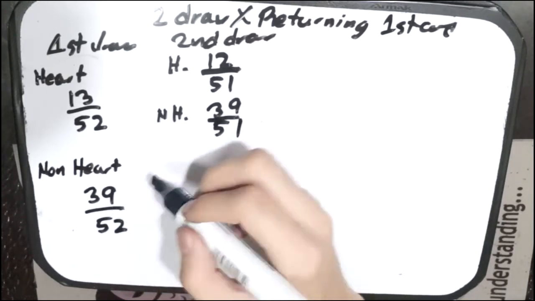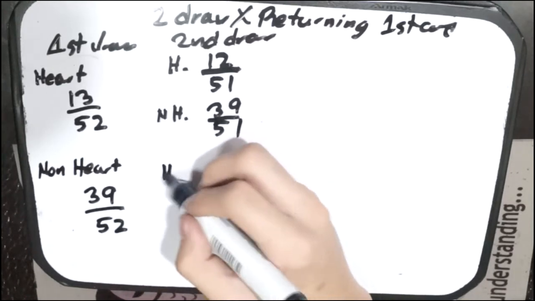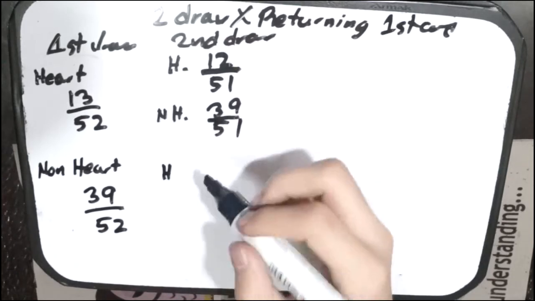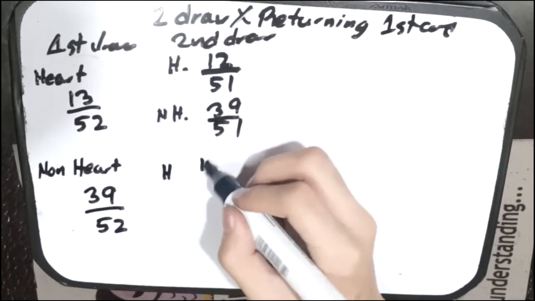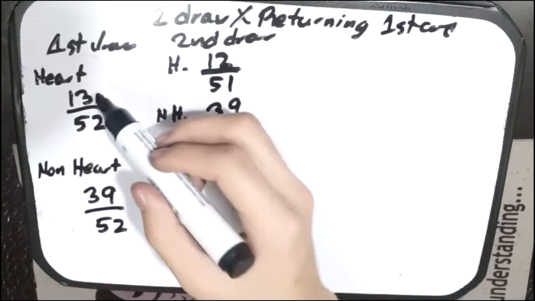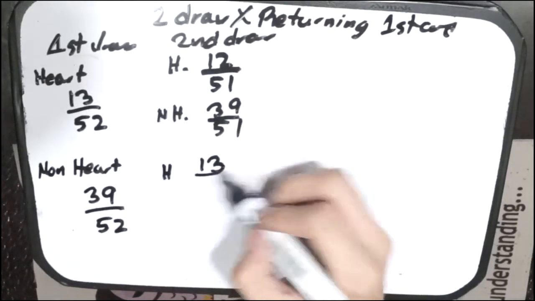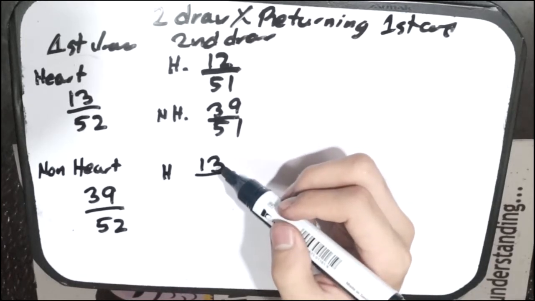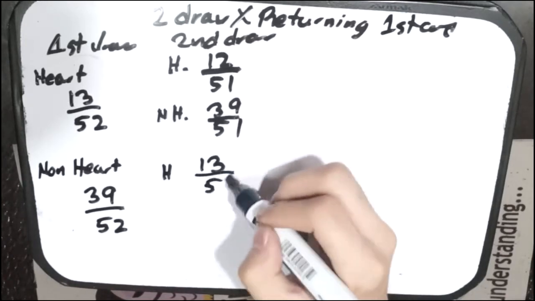If you drew a non-heart first, on your second draw, the possibility of drawing a heart would be 13, because the total number of hearts didn't change from your first draw, over 51.